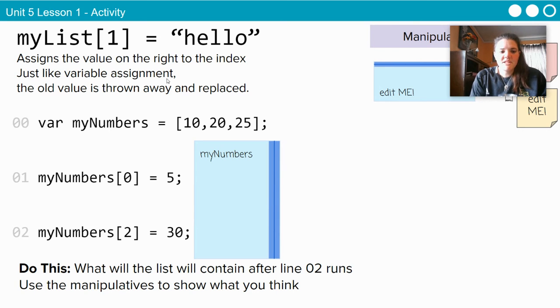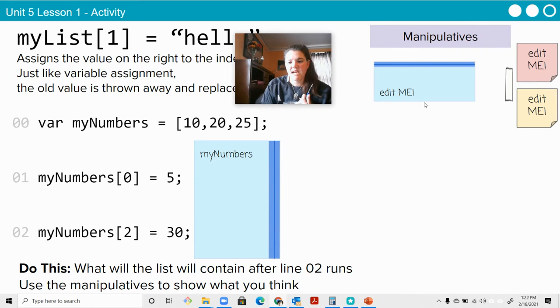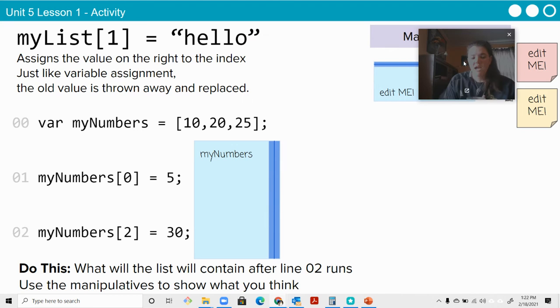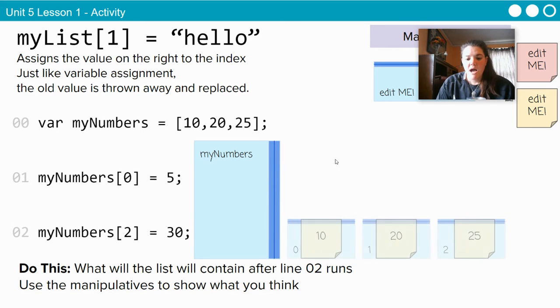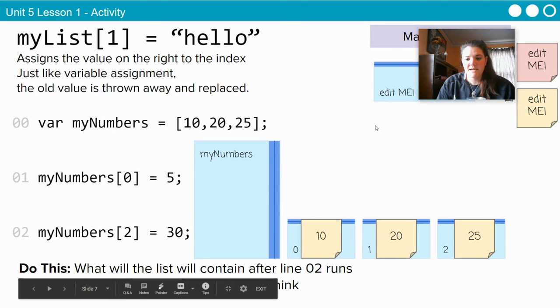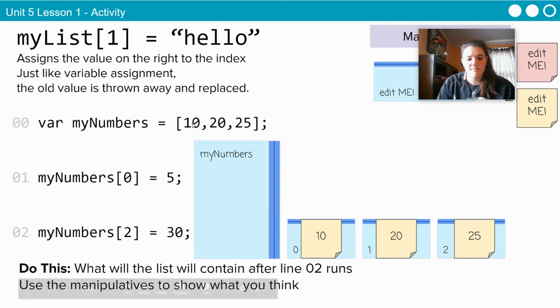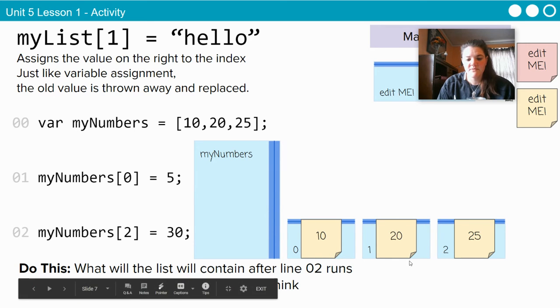Okay, now for this one, we're going to be using the manipulatives. You're going to use these guys up here, copy and drag and drop, in order to set up this list called My Numbers. So I made some little baggies, I dropped them in, and then inside I have numbers 10, 20, and 25.